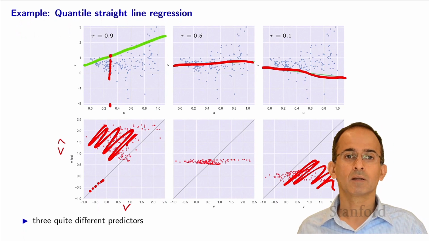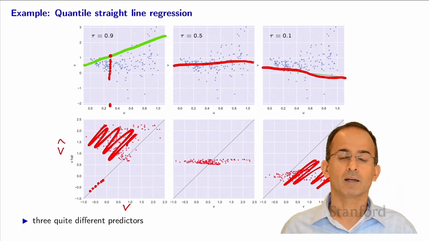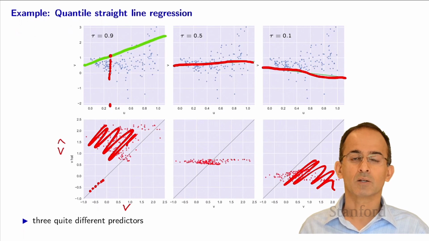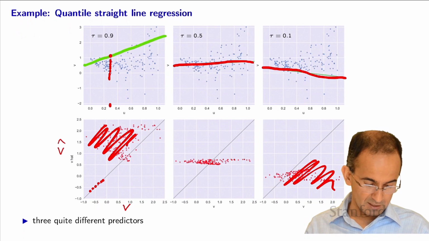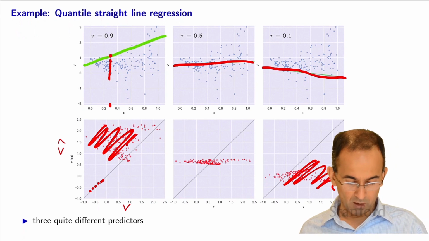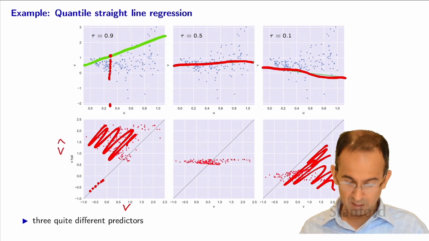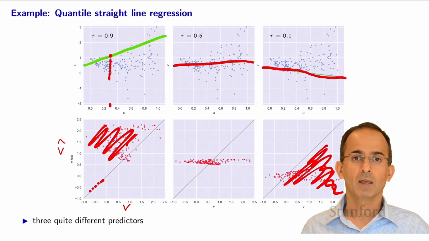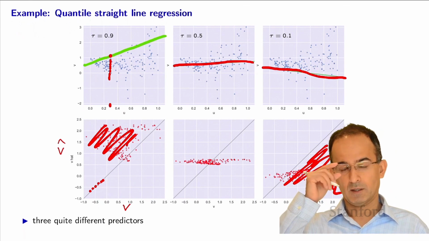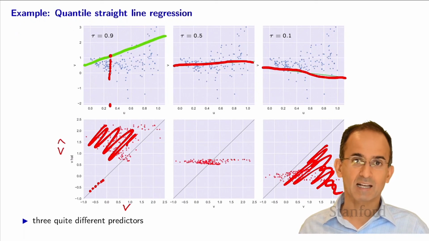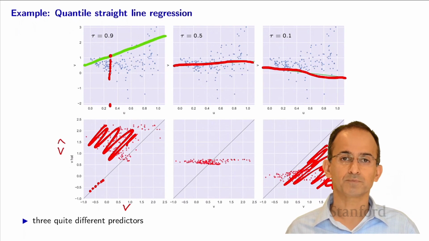And if this is training data, we can look at our data and count, and we would find that 90% of the points are above the line here, and 90% of the points are below the line over here. And with tau is a half, well then we should see exactly half of the points on one side of the line and half of the points on the other side of the line.